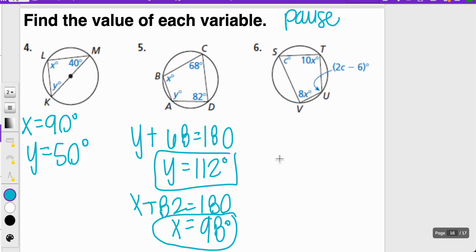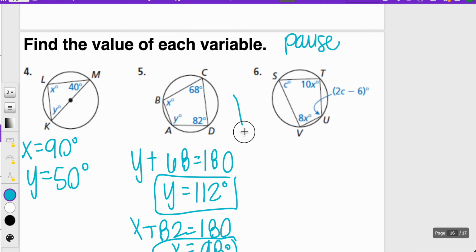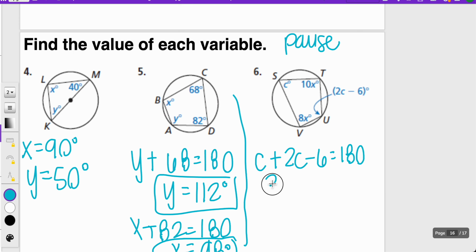And then lastly, we have some algebraic expressions to solve, still using that same idea we did in number 5. Opposite angles are supplementary. So c plus 2c minus 6 equals 180. Let's take time and solve that first. 3c minus 6 equals 180, or 3c equals 186. So c is equal to 62.